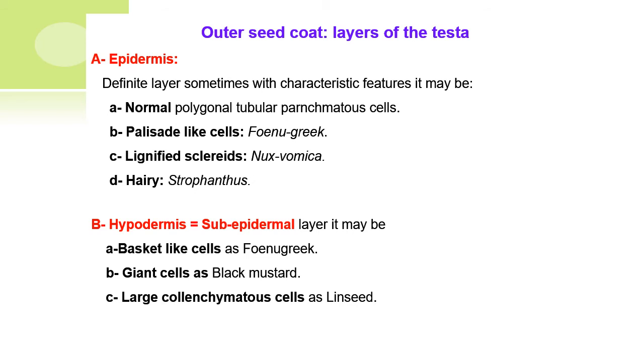Below the epidermis there is the hypodermis, or subepidermal layer, which may be formed of basket-like cells as in fenugreek, or large or giant cells as in black mustard, or large collenchyma cells as in linseed.